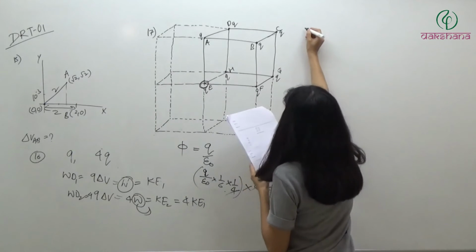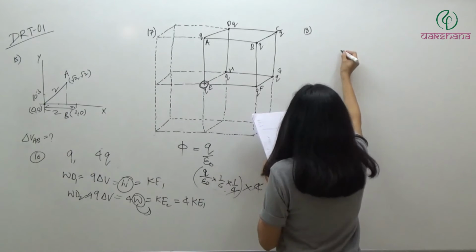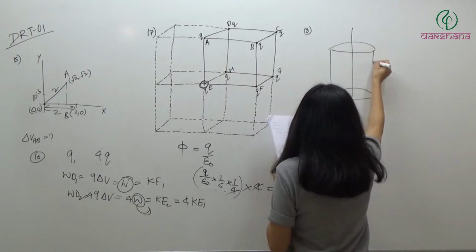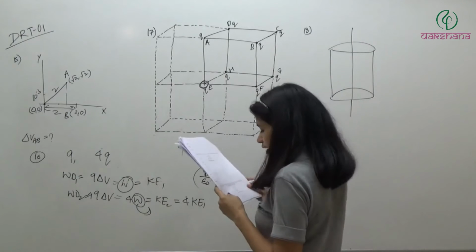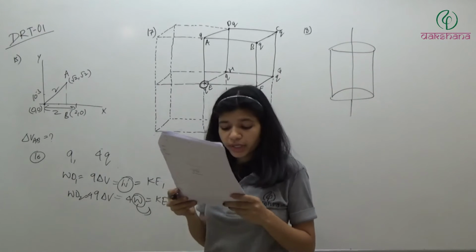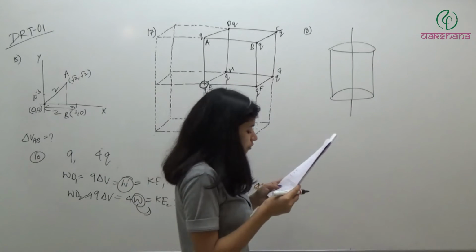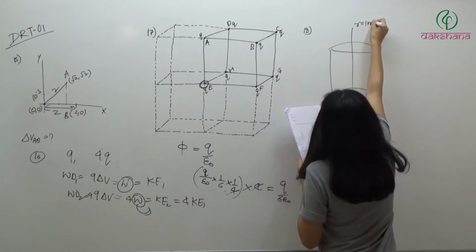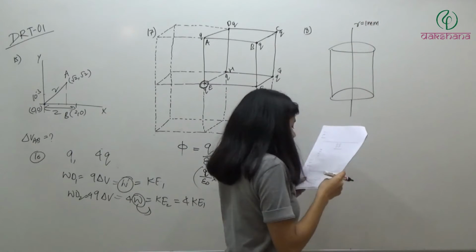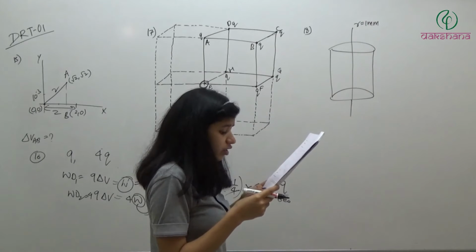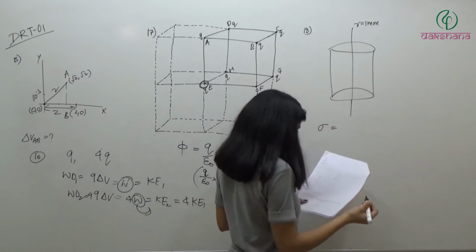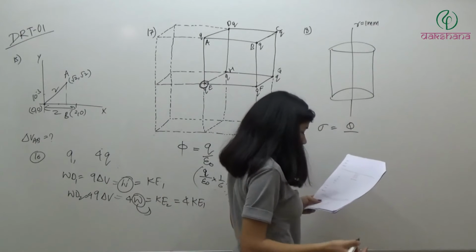Now question number 18. Here we have a line charge and around which we have a cylinder. Electric charge is uniformly distributed along a straight wire of radius 1 mm. The charge per centimeter length of the wire is Q. So sigma is equal to Q per centimeter.